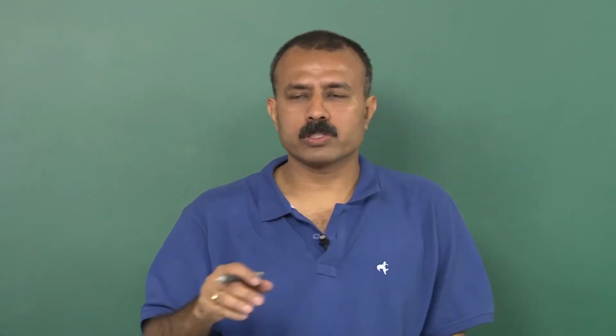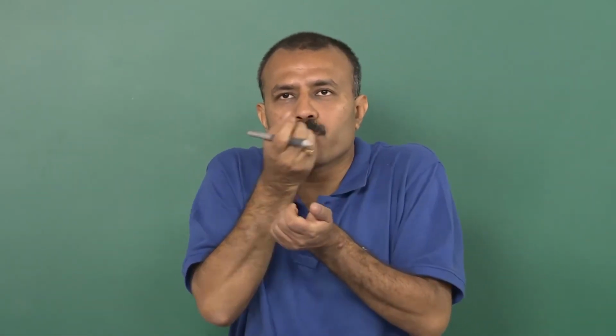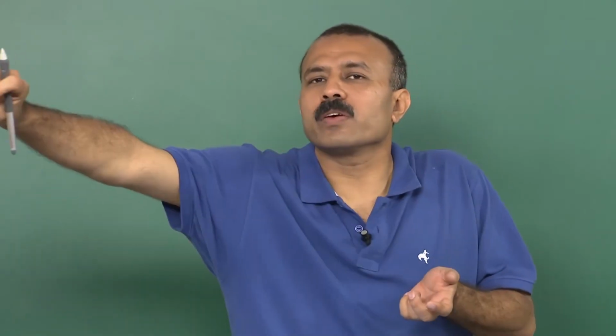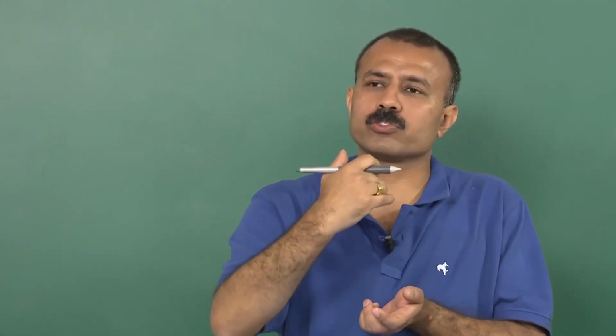You must have seen those, the kids have those, they blow from here, it is a structure like this, and it flattens out. We do like this and that whole thing flattens out, and it again comes back to its original position. So, imagine the cochlea is a very similar structure like that.